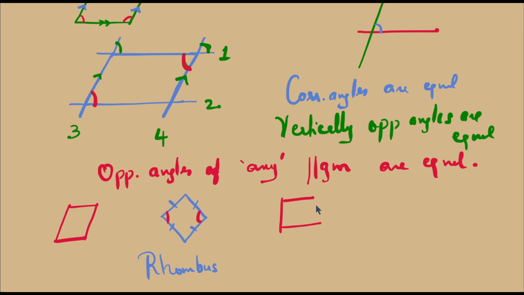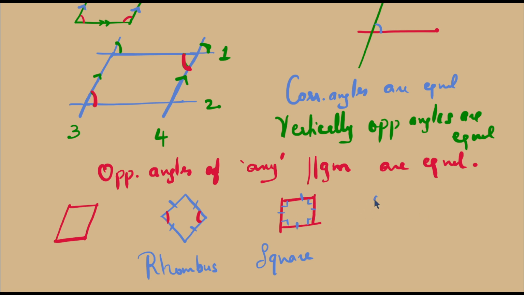Here also the opposite sides are equal in length, and not only that, every angle is a 90-degree angle. A square is just a modified rhombus where the angles are also 90 degrees. So this property, opposite angles of a parallelogram are equal, is satisfied here, and here the angles are also 90 degrees, so they are equal.